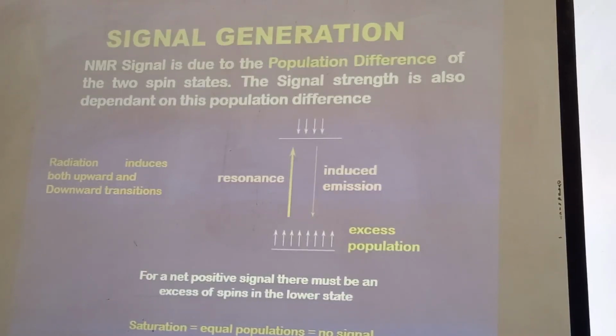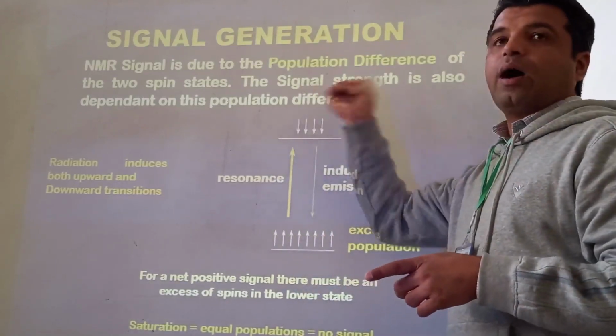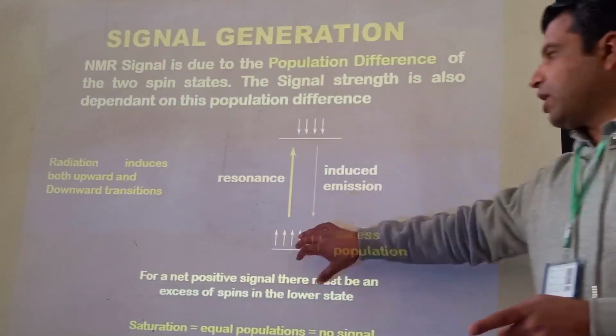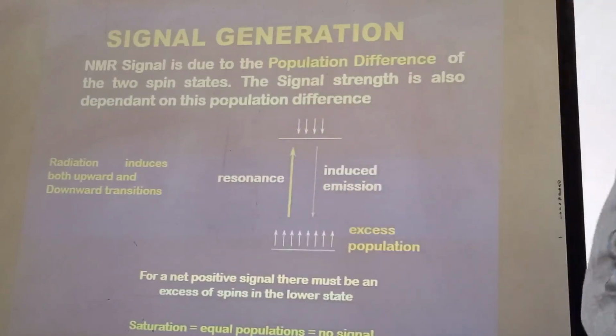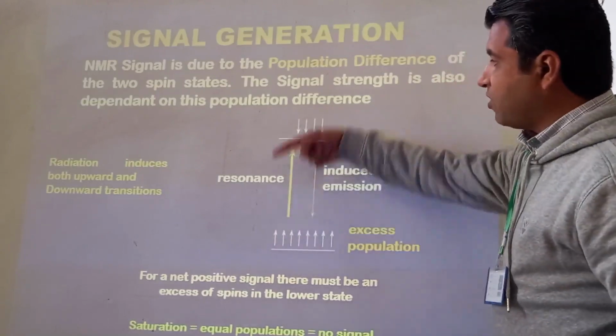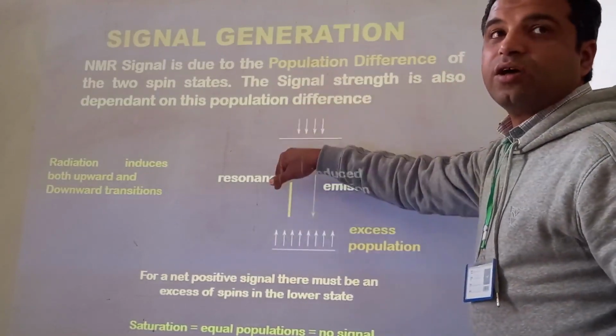And later on, when you turn on the radio frequency transmitter, that is when radiation induces upward transition. These nuclei jump from alpha to beta state. This jump from alpha to beta state is known as resonance.